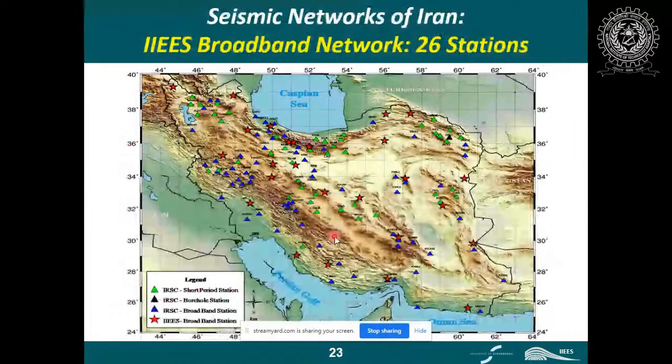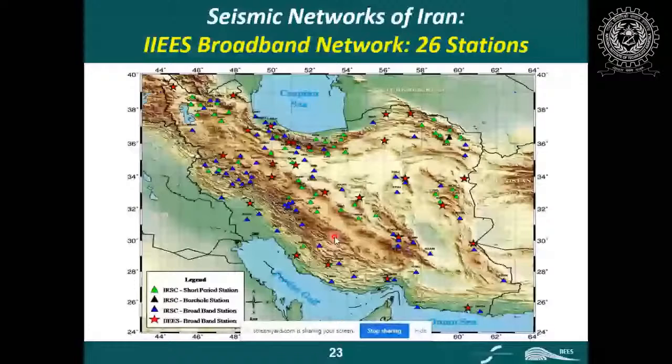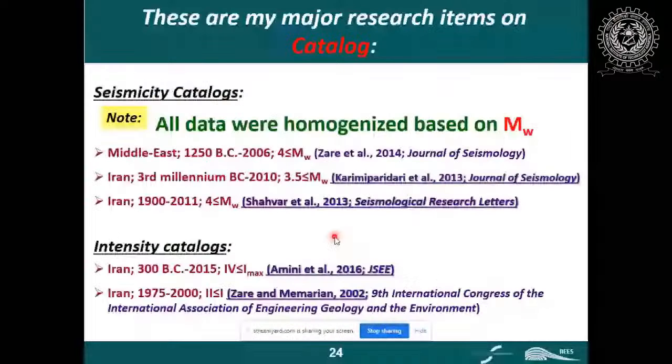This is the broadband network of IIEES, which is recording, and the short period stations of IRSC, Institute of Geophysics, which are recording the actual seismicity of the country.